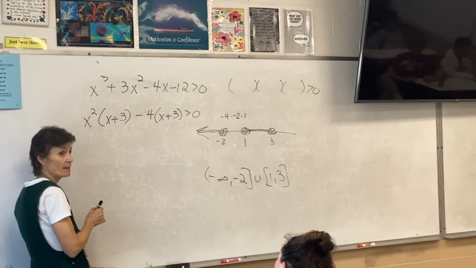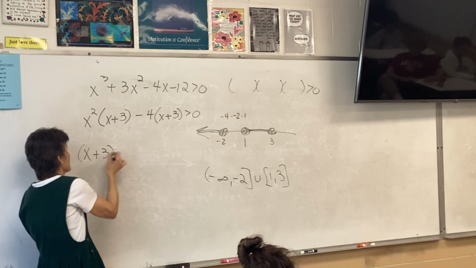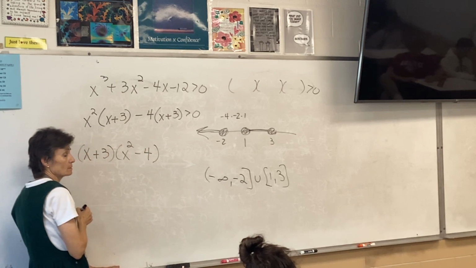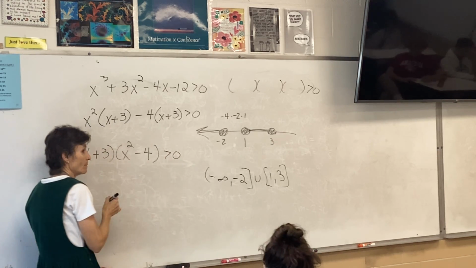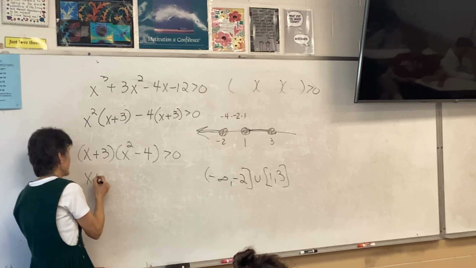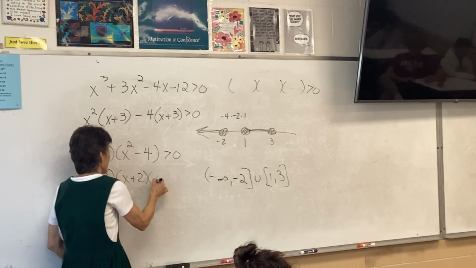That's all good now, right? That's good. So x plus 3, and then x squared minus 4. What about x squared minus 4? That's the difference of squares, x plus 2, x minus 2.